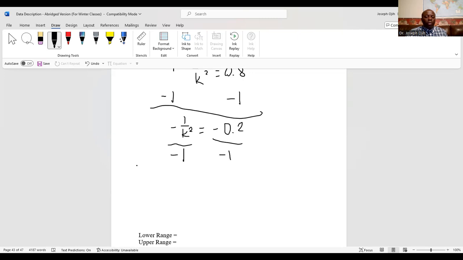That will give us 1 divided by k squared equals negative 0.2 divided by -1. Negative divided by negative is positive, so 0.2. Now we get the reciprocal of this. We call it reciprocal.